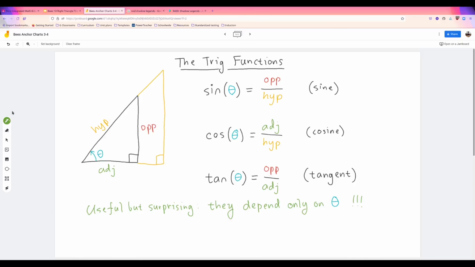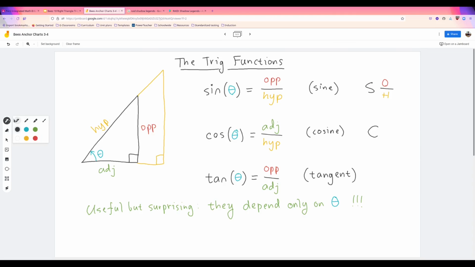Oh, one more thing that I forgot to mention. Many people find it helpful to use the memorization tool, the mnemonic, SOHCAHTOA. As in sine is opposite over hypotenuse, SOH.